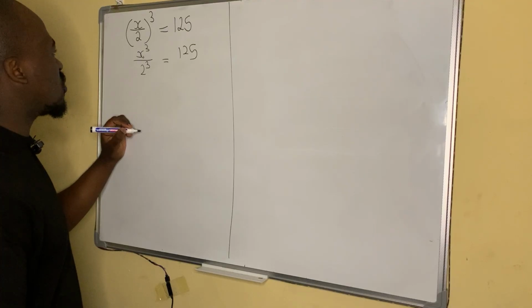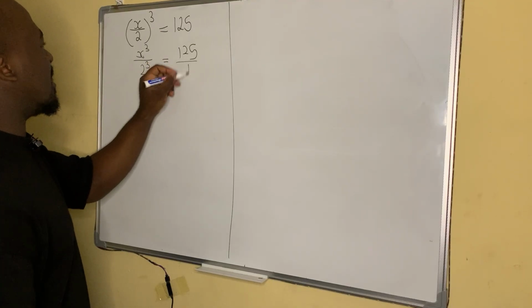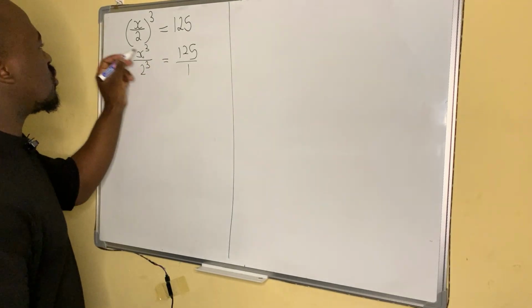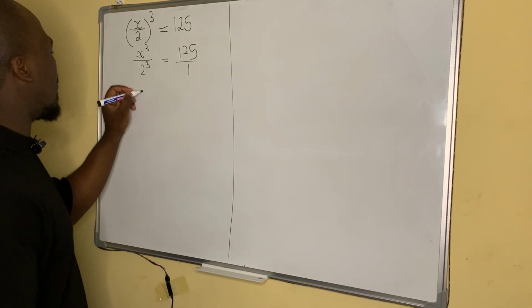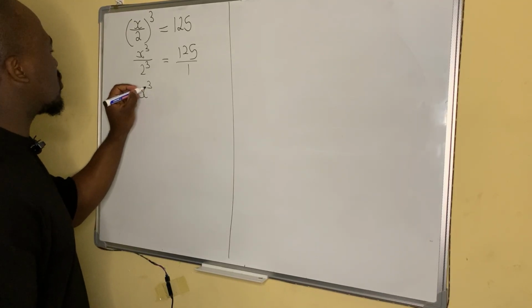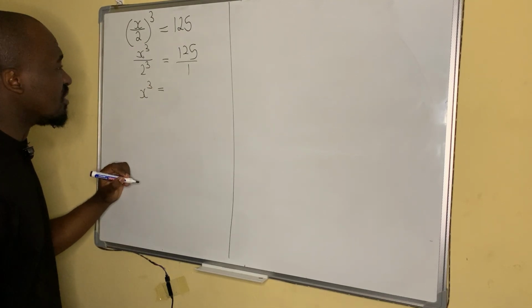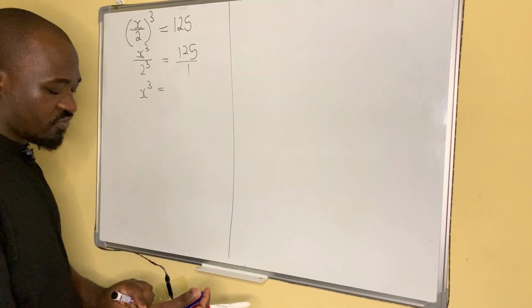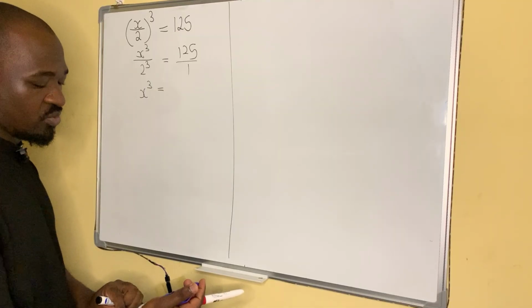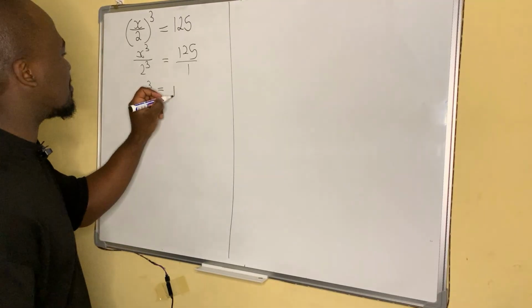Obviously, if you have x cubed, you can just remind yourself that there's 1 here. You cross multiply here. When you cross multiply, you'll get x cubed, which equals 125 multiplied by 8. Let's check. 125 multiplied by 8, of which we get 1,000.